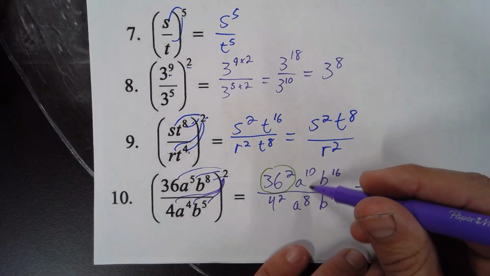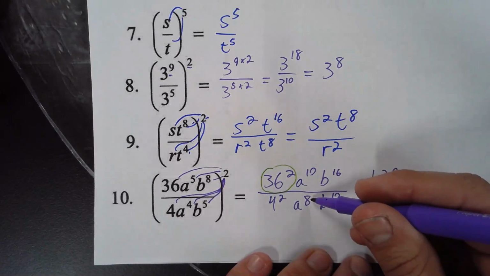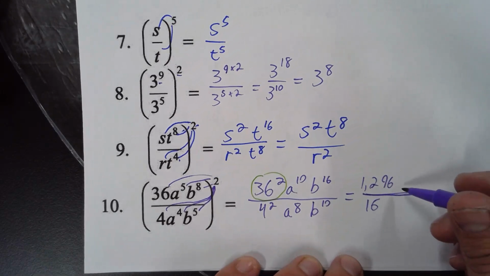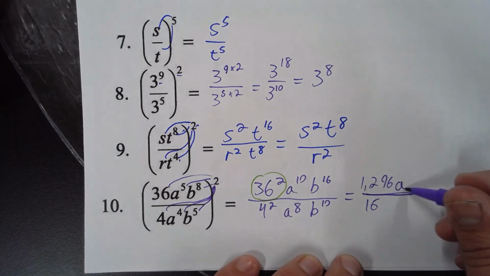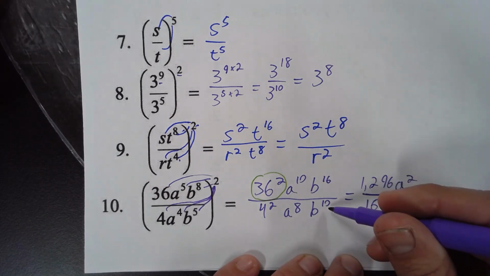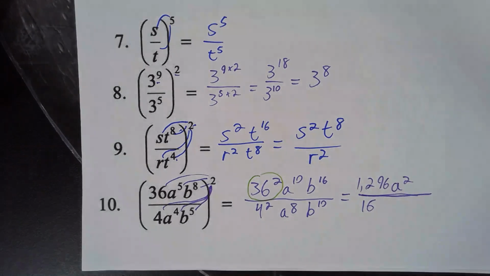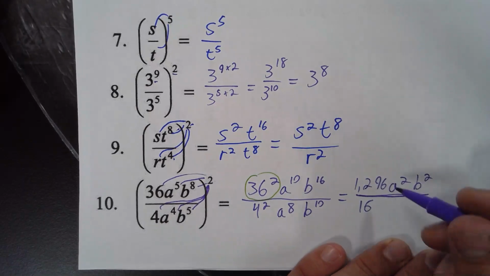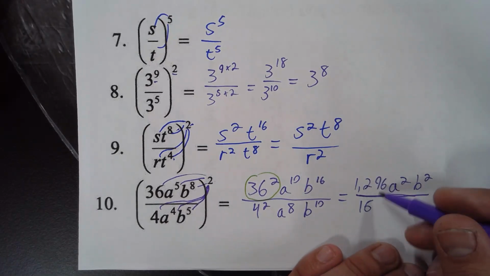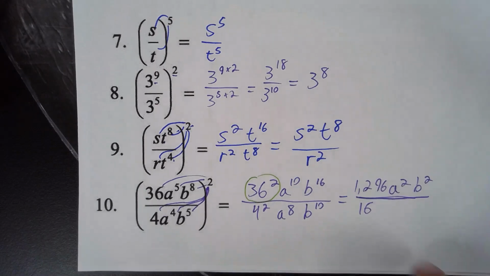So then again, subtraction rule, a to the 10th divided by a to the 8th would be what, guys? A to the 2nd, good job. B to the 16th divided by b to the 10th would be what? B to the 6th. And you could probably simplify, I'm almost certain you can divide these two together, but I'm just going to stop right there, just so you guys can see the rule.